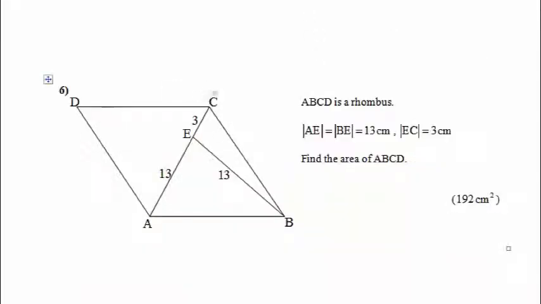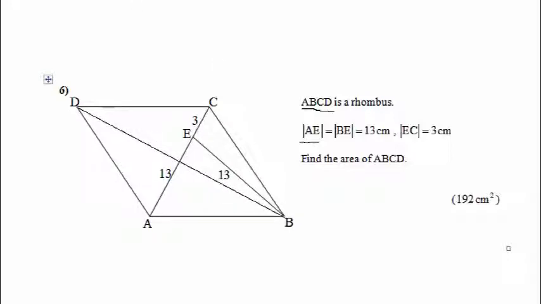This is a nice question about the rhombus. So ABCD is a rhombus, AE and BE are 13 and EC is 3. The question asks for the area of this rhombus. So let's first draw a diagonal here.